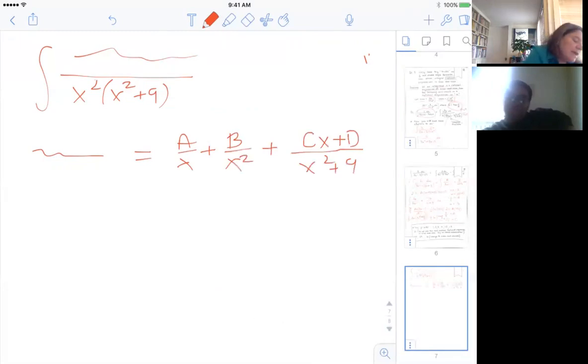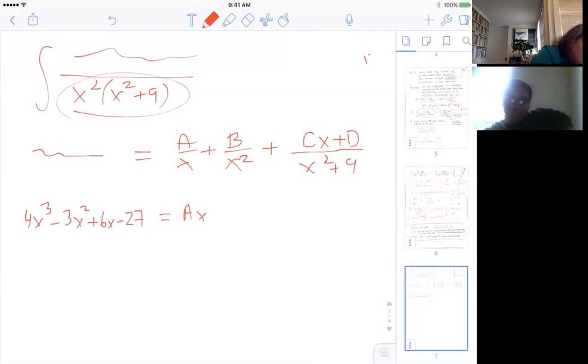So now you had that thing in the numerator, which was 4x cubed minus 3x squared plus 6x minus 27. When I multiply through by this, it'll leave me A times x times x squared plus 9.